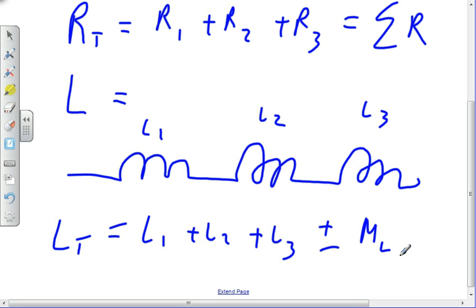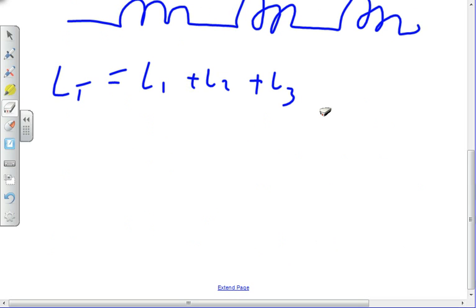So normally we ignore the mutual inductance and we don't add that in, but there might be mutual inductance going back between those guys, and we'd have to compensate for that. But this is just a review, so we'll ignore that situation for right now.